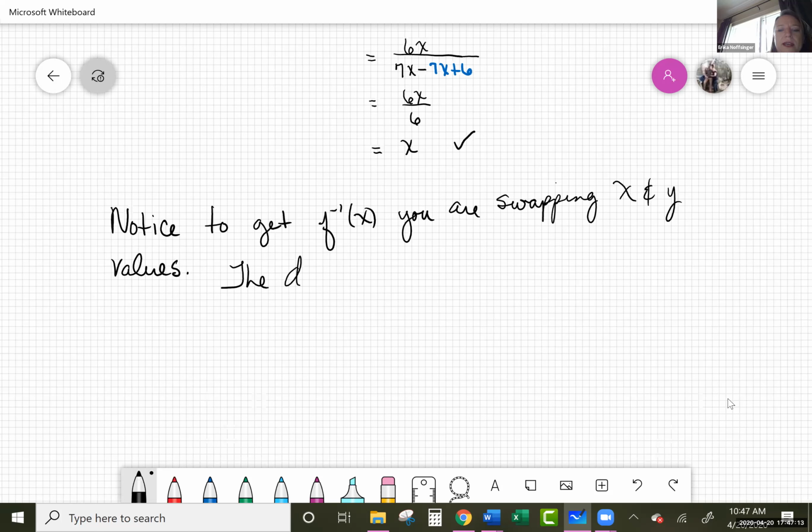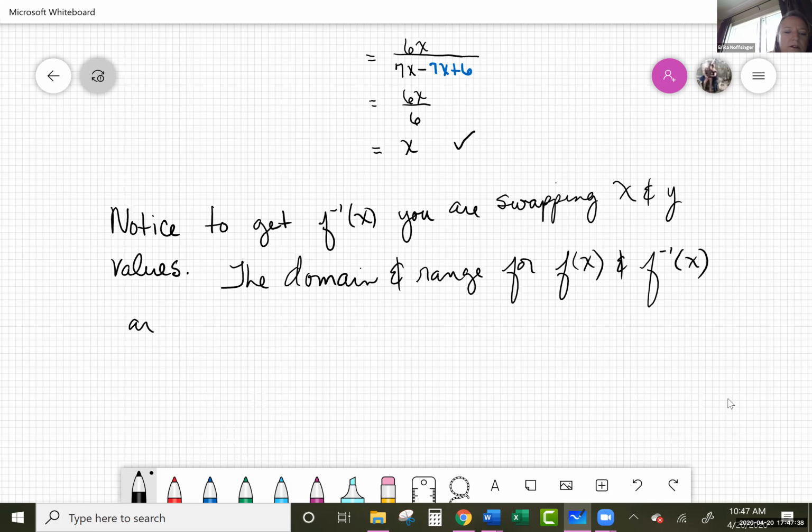The domain and range for f of x and f inverse of x are swapped.